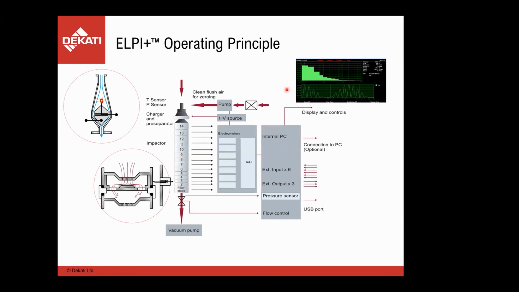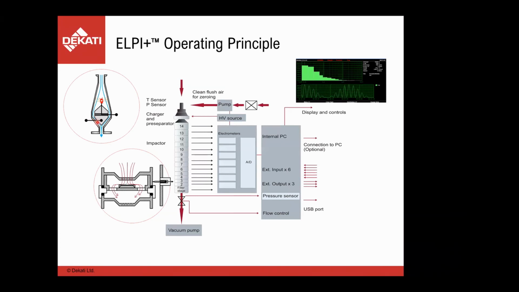I'll go through the operating principle just quickly. For the LP Plus, we have a vacuum pump that pulls the sample through our measurement column. And the sample first enters into a diode unipolar charger, where we have a thin needle that produces a discharge of ions. And the sample goes through this plume of ions and becomes positively charged.